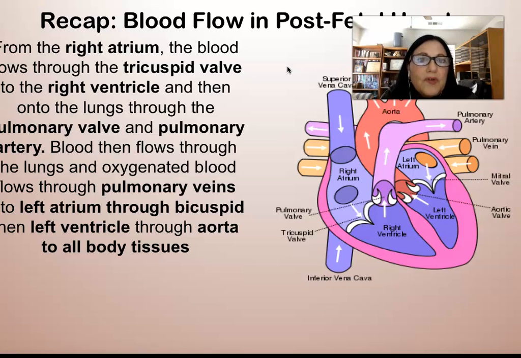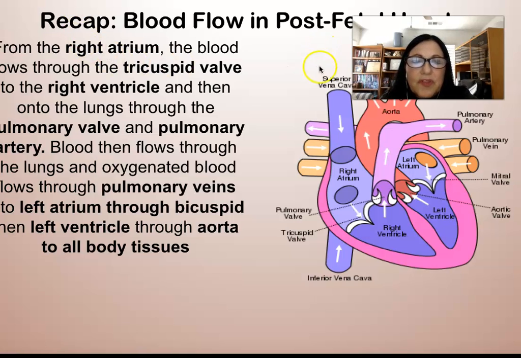Okay, so in order to understand the adaptations in the fetal circulatory system, it's good to know what kind of circulation we have in the post-fetal heart. Now, you've all studied this in an earlier chapter or course, so we're just going to do a little recap and refresh your memory on how our heart is a double pump with pulmonary and systemic circulation.